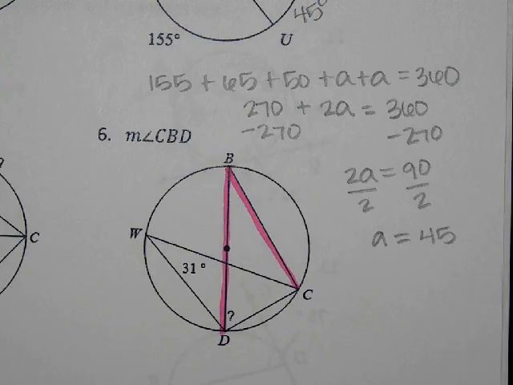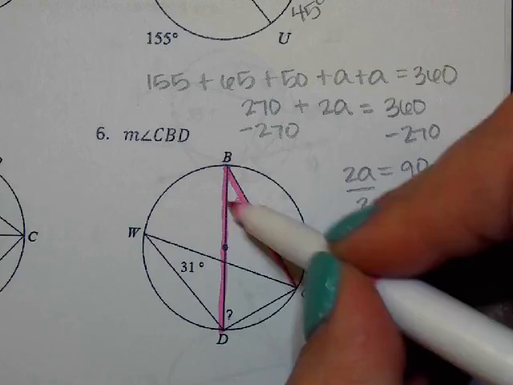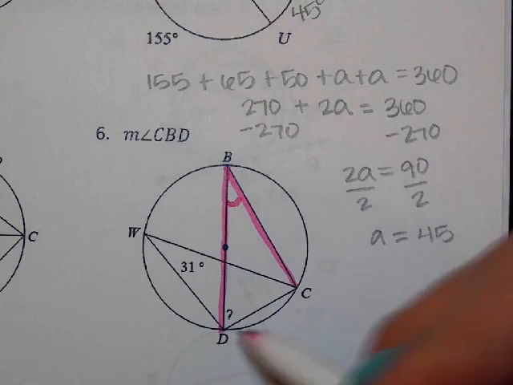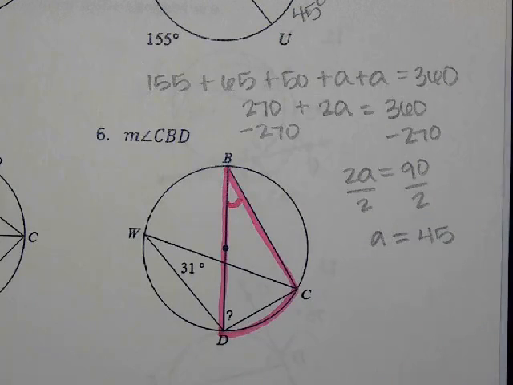I have that angle, CBD, right here, and it goes with the arc CD. Is everyone comfortable with that? Does that make sense? Now, there's only one number in the problem, and that's probably going to help us find the answer to this one.